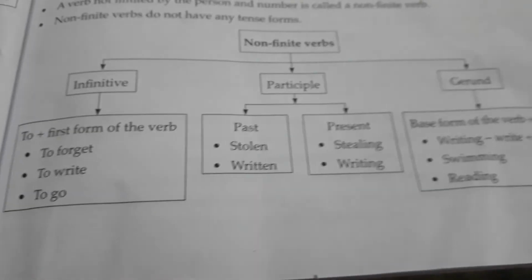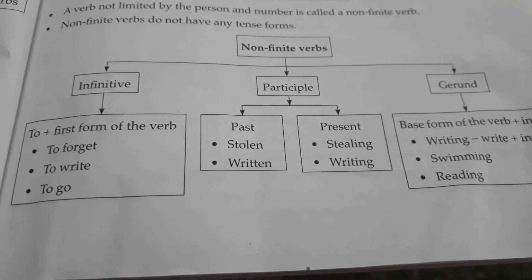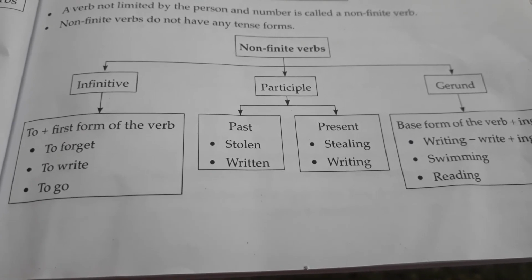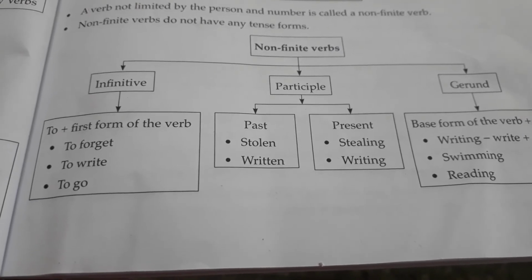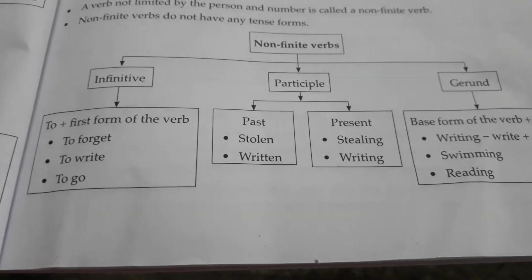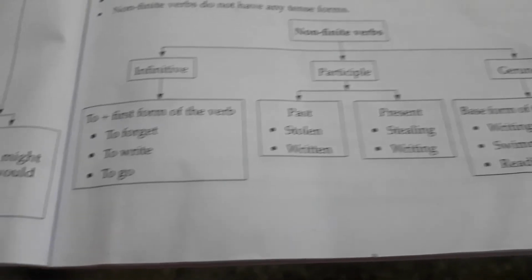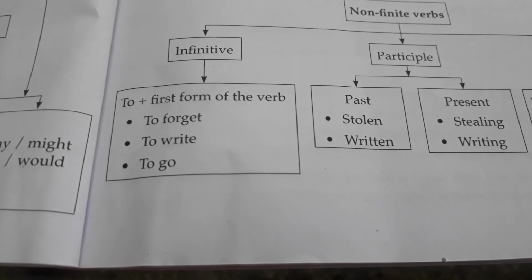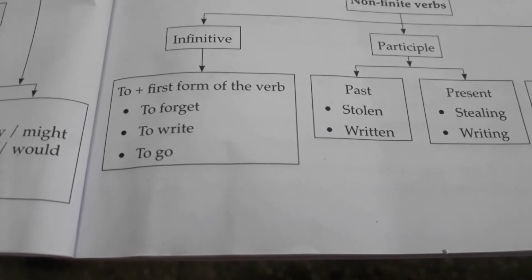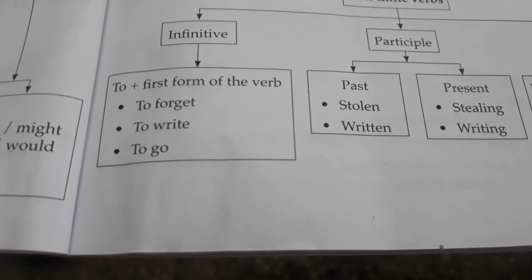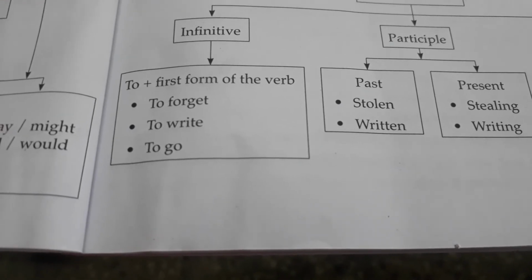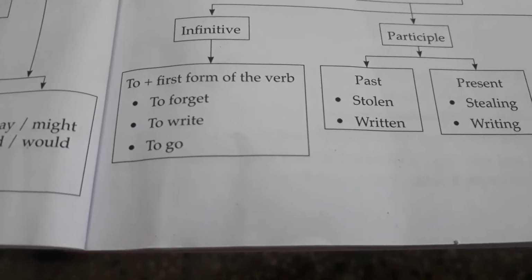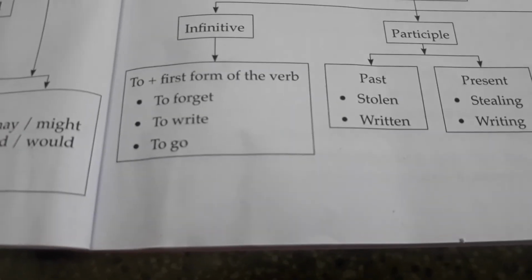Coming on to non-finite verb. Non-finite verbs are divided into three forms. First is infinitive, then participle, and third is gerund. Now, infinitive means to the base form of the verb we have to add to. So the verb becomes infinitive. For example, forget, write, go, play, eat, drink, jump.